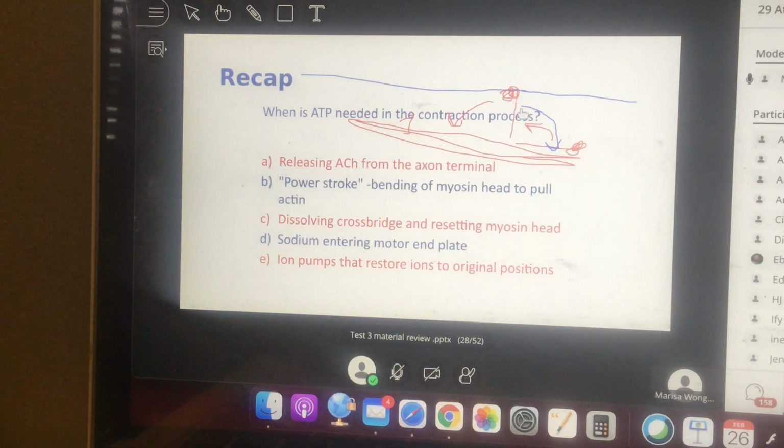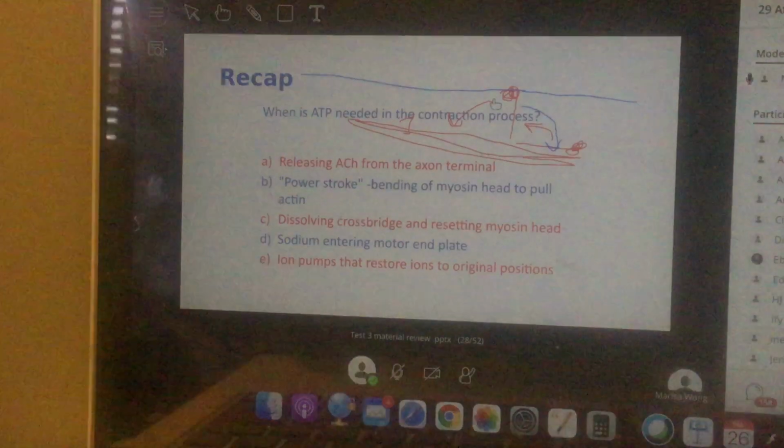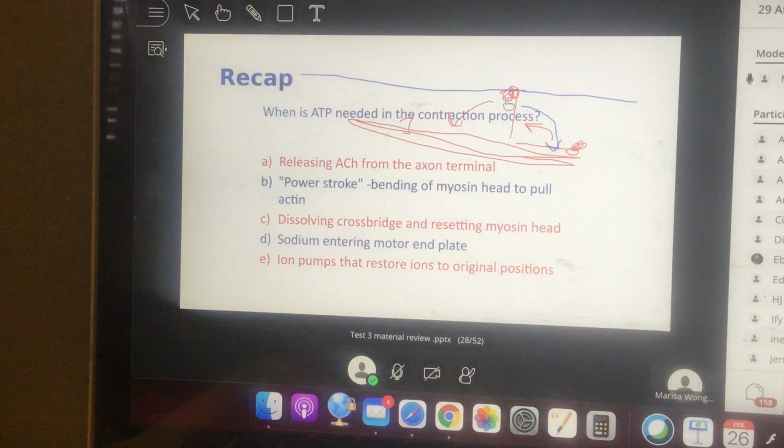When myosin is bound to the actin, it has a particular shape, like it's grabbing onto it. When ATP comes along and also binds to the myosin, it causes it to change shape in such a way that it lets go of the actin. So the ATP doesn't get used up during that step. Just the fact that it bound to the myosin causes it to let go of the actin.